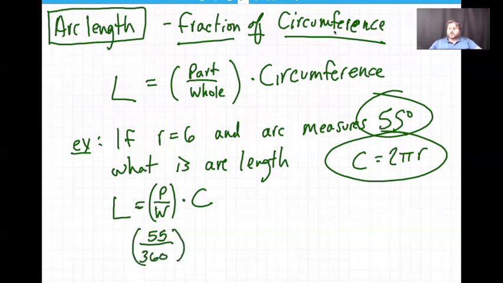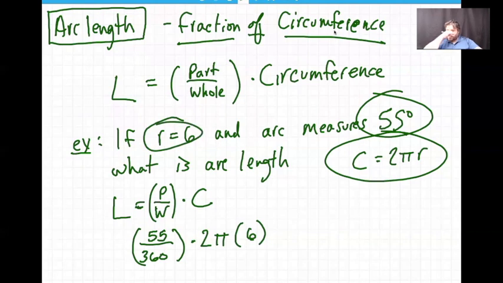So there's the fraction that we're talking about, times the circumference. So 2 times pi times the radius, which in our case is 6. So this is going to give us the arc length. It's the fraction out of the whole. So it's always the arc measure out of 360, because 360 is the total. So the part that we're talking about is 55. So 55 out of 360 times 2 pi r.